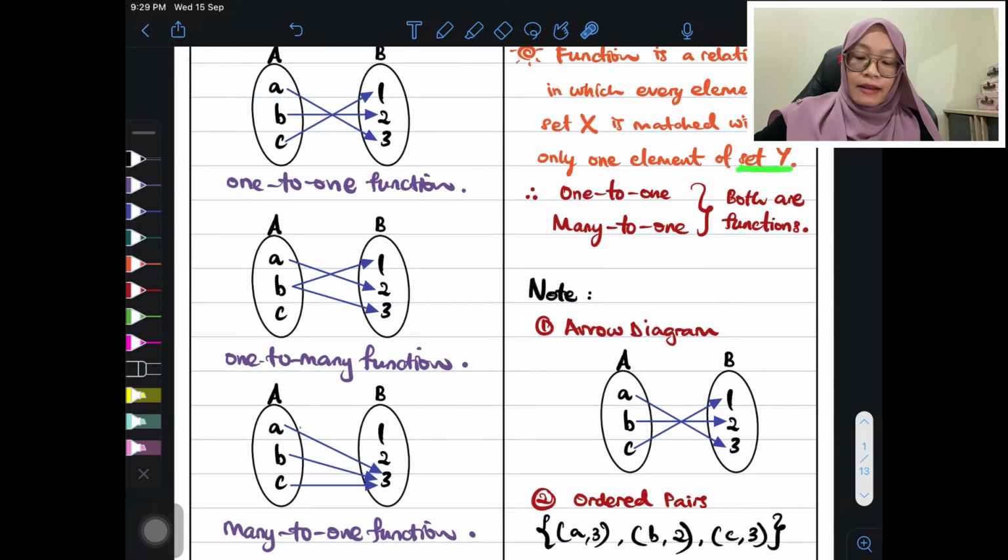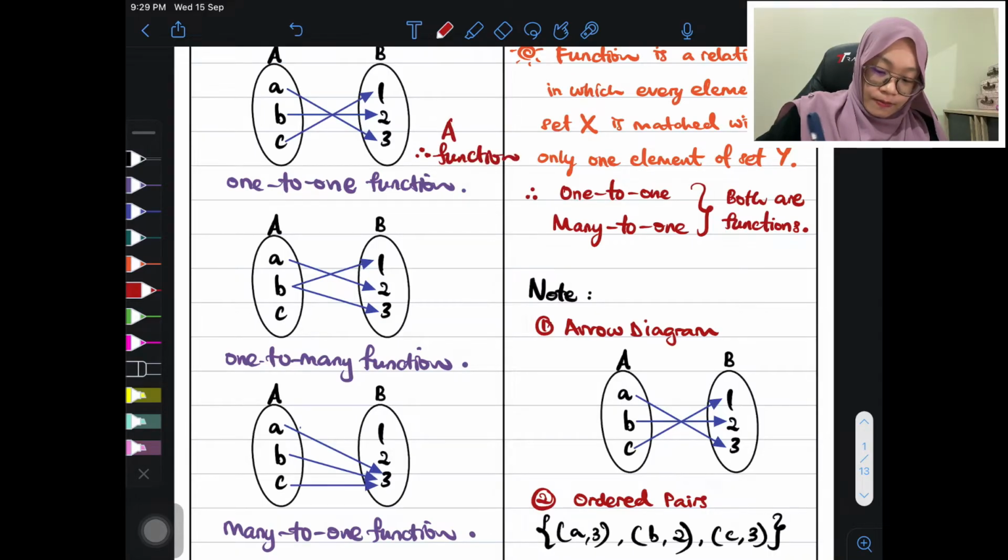So pada set B itu, pada set Y itu mesti hanya di-matchkan pada one element only, barulah dipanggil sebagai function, which is 1-to-1 function dan many-to-one function sahaja yang dipanggil sebagai functions. Okay, and so this is called a function. While one-to-many, no, not a function.